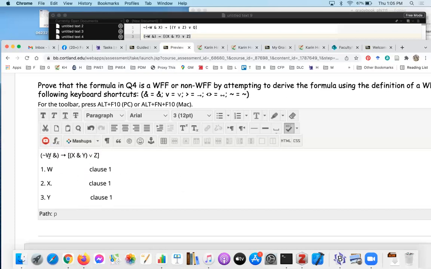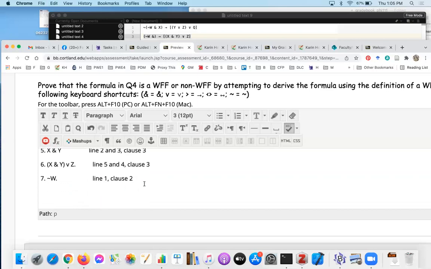Now, here's where we get stuck, right? So suppose I thought I could build this. Suppose I thought I could build not W ampersand nothing. But then when I try to go and find a clause that would let me do it, I'm not going to find one, right? Clause 3 is the closest because it lets me put ampersands.